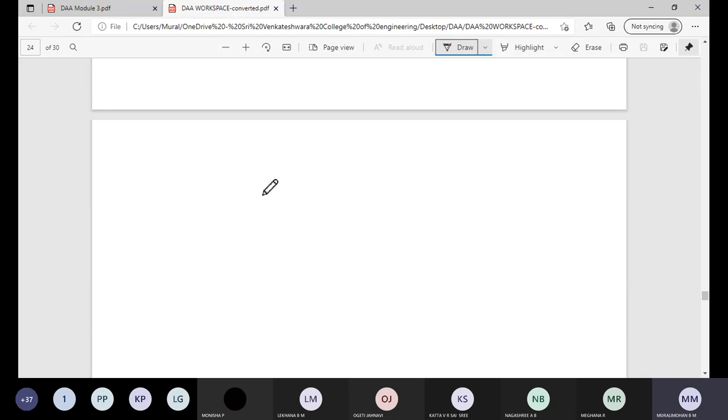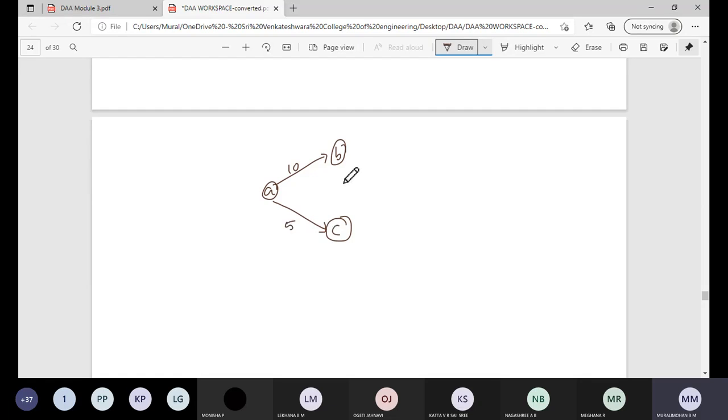So let us take A. A to B, there is an edge with a cost of 10, and A to C, there is an edge with a cost of 5.